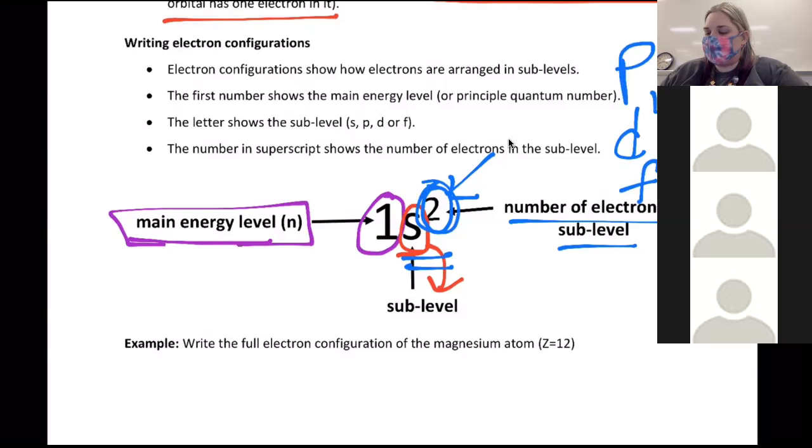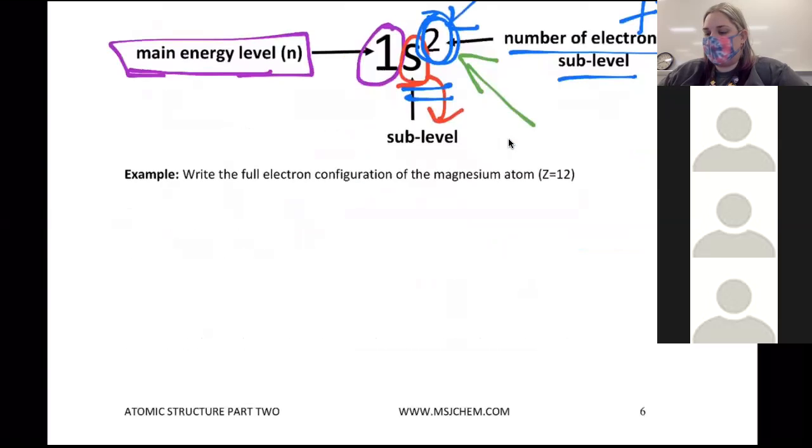The other thing is, once you write out the entire configuration, if you add up all your exponents, all your superscript numbers, that should equal the total number of electrons for the atom, which should be the atomic number. So the first example says write the full electron configuration of the magnesium atom, with Z equals 12 in parentheses. Remember, as we learned last week, Z abbreviates atomic number.